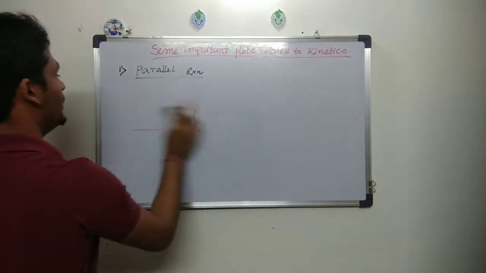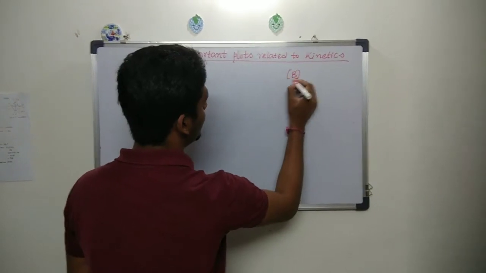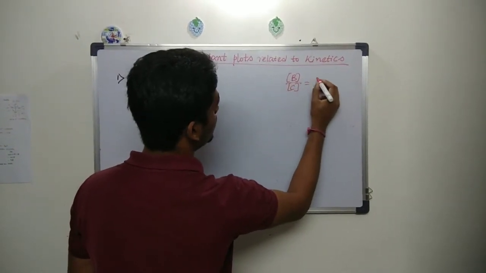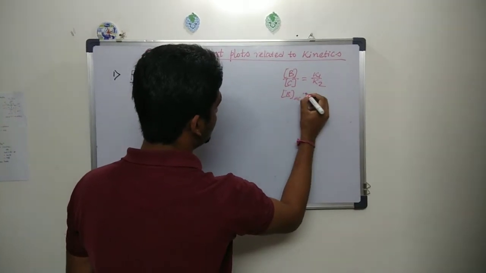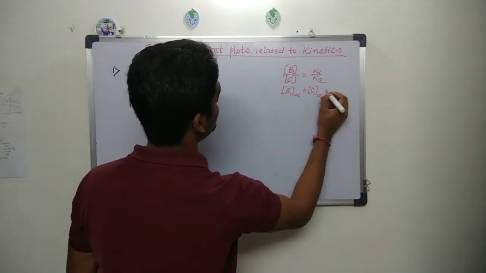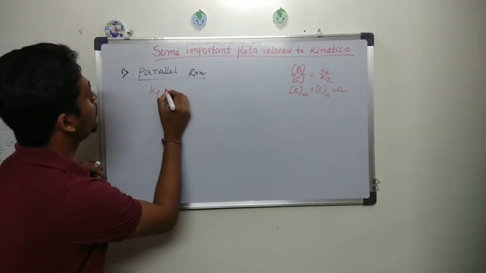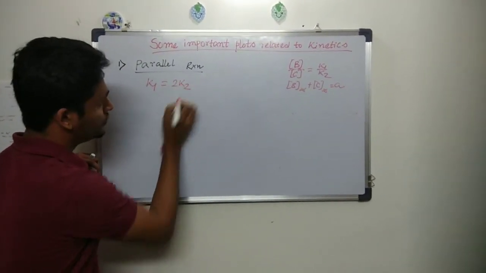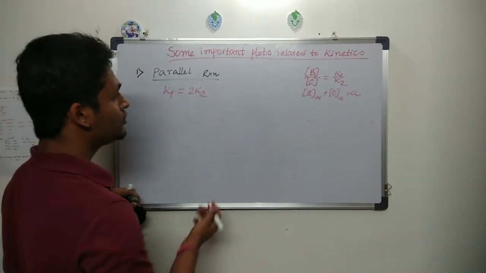So I am writing these things again here: B by C will be K1 by K2, and B infinity plus C infinity will be equal to A. Now they will ask you, if K1 is 2K2, then what type of plot you will expect. Now you all know this.